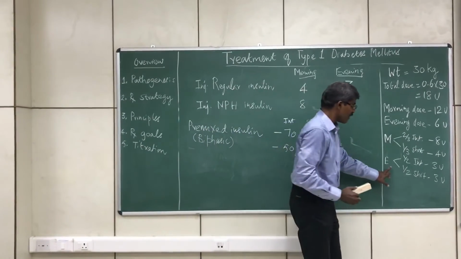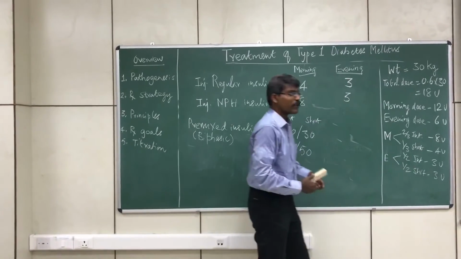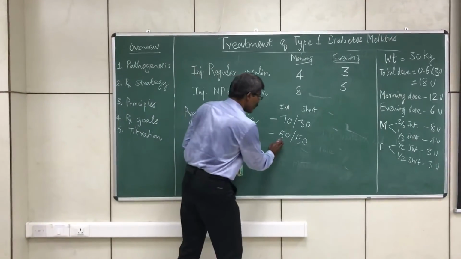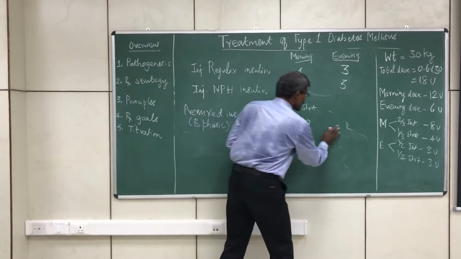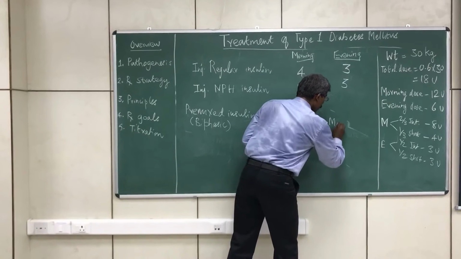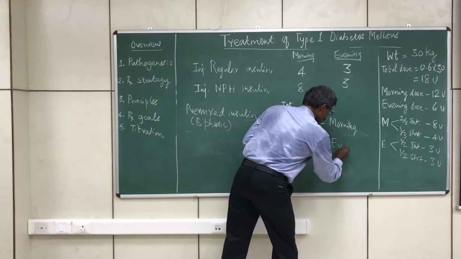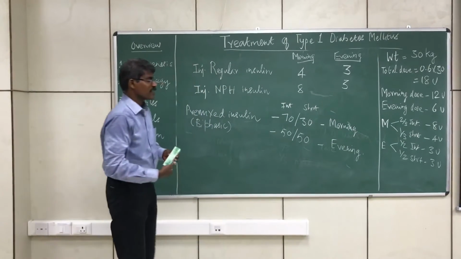By principle, in the evening dose, half of it is intermediate acting, and the other half is short acting. So that's why a 50-50 mix is available. This 70-30 is ideally preferred for morning use, and this is for evening use in a 2 injection regime.